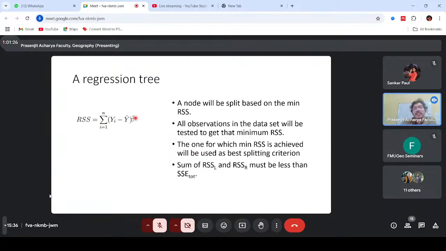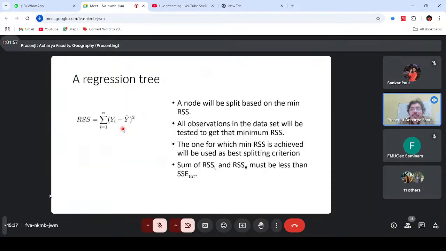In this case, y hat is basically the mean, right? So if I get deviations of observations from its mean, take the square and take the sum, the variable and the value for which I get the minimum sum square error will be picked up as the best splitting criteria.